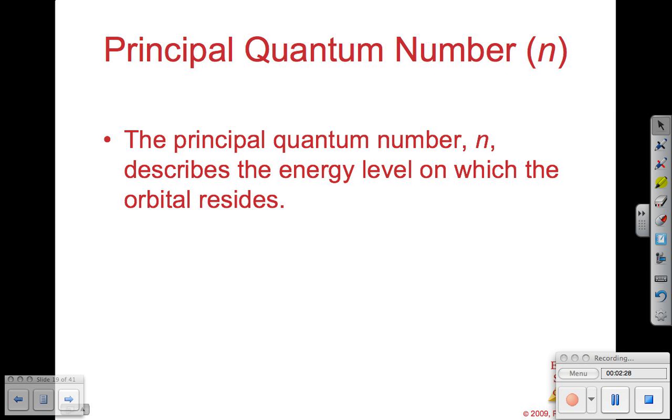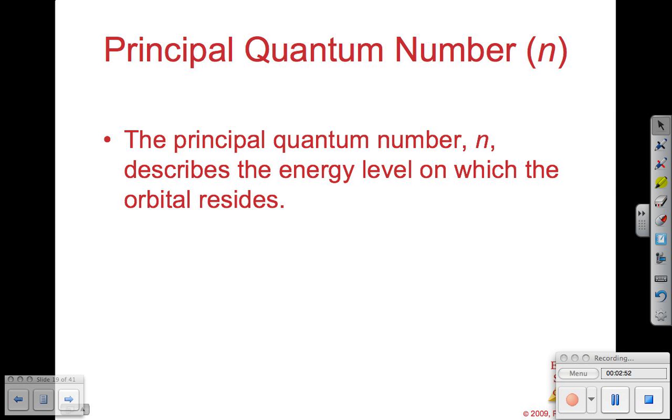The first quantum number is called the principal quantum number. It's indicated by the letter n, and it describes the energy level on which the orbital resides. When you think of the periodic table, the principal quantum number is defined by the period on the periodic table.